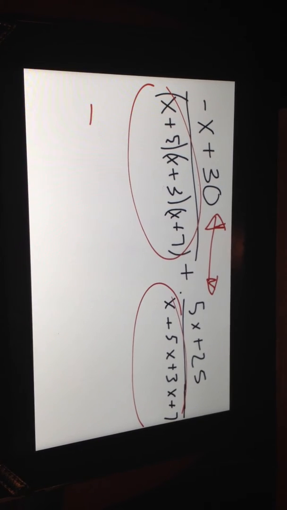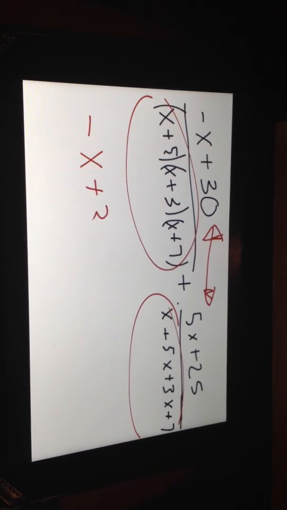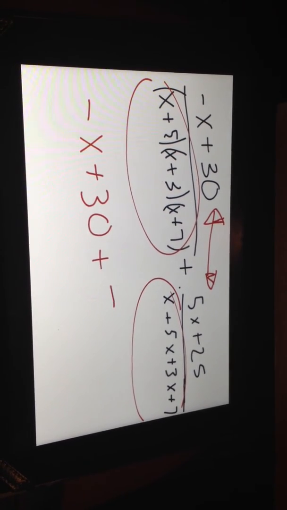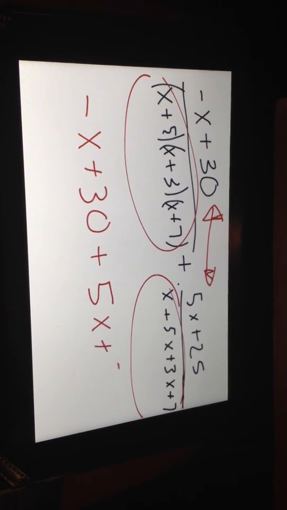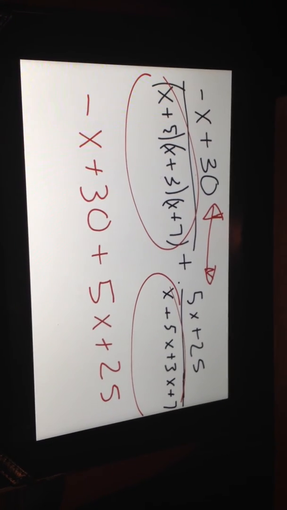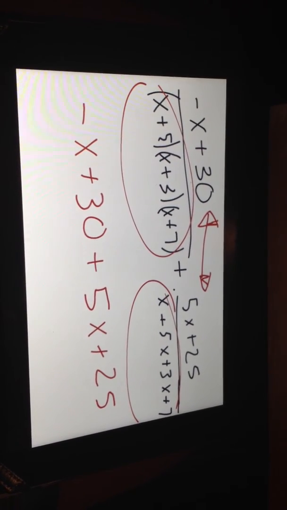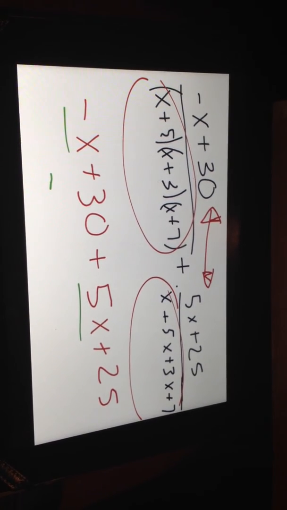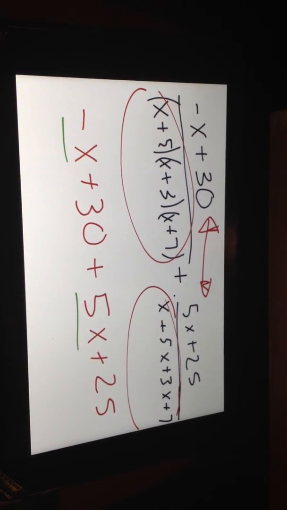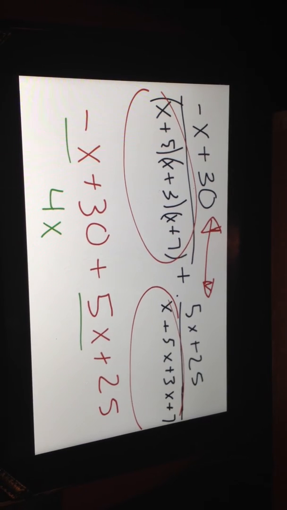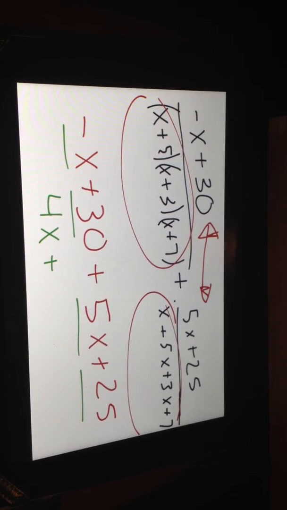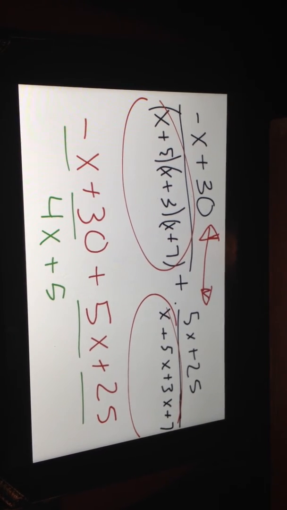So we add negative x plus 30, and then add the 5x plus 25. And then we combine like terms. The two x's add up to 4x, and then the two whole numbers add up to 55.